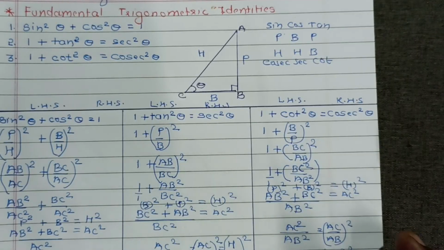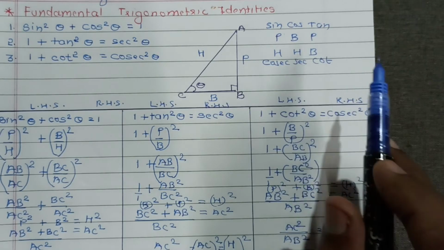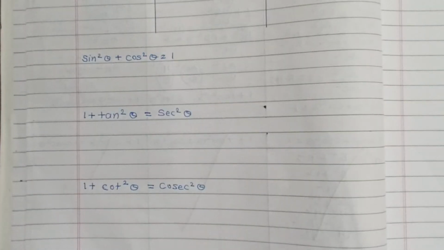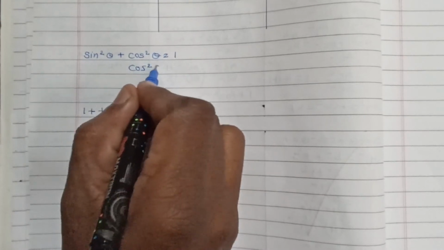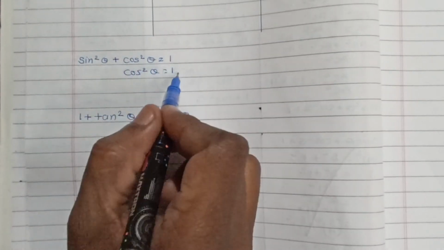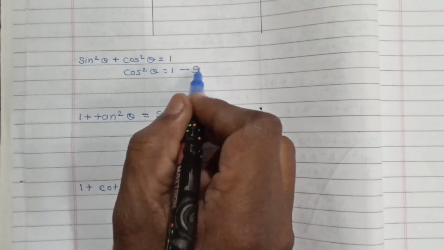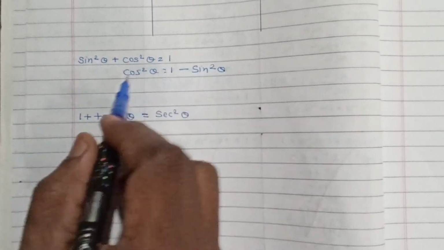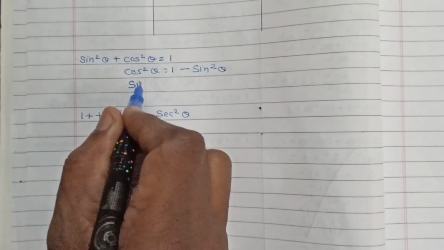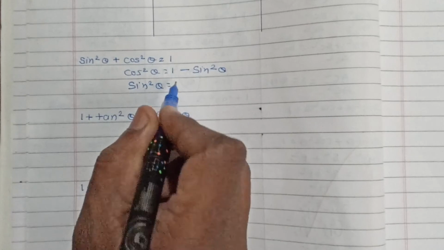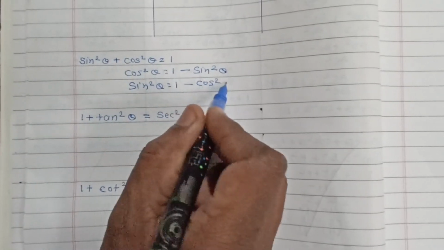This is how you can derive all these trigonometric identities by using all these trigonometric ratios. These identities you can write cos square theta is equal to 1 minus this sin square theta you have to bring to right hand side, sin square theta. And the second way you can write sin square theta is equal to 1 minus cos square theta.